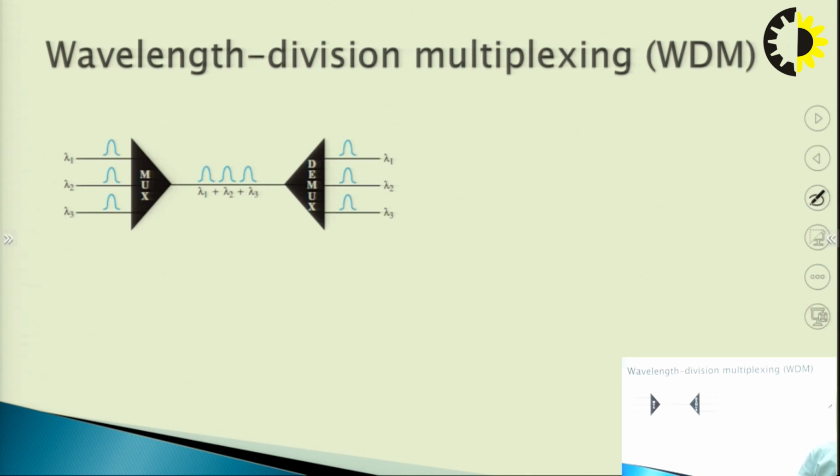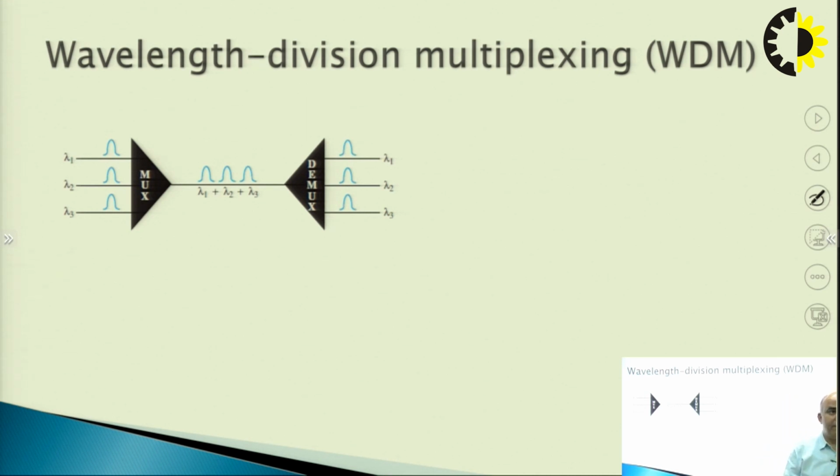This is a picture representation of WDM. Here we use multiplexers and demultiplexers. We have various frequencies being generated by different users.